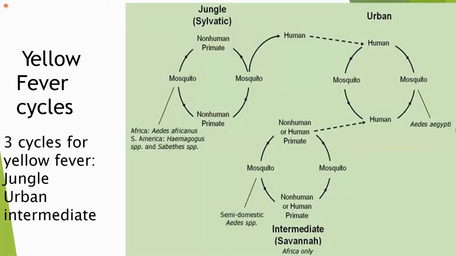If a mosquito infects humans, then again a mosquito bites the human and transmits to another human. This is the urban cycle. And then there is the intermediate cycle, in which the human or non-human primate can be infected by mosquitoes, and so they can spread to the various villages and spread disease there.